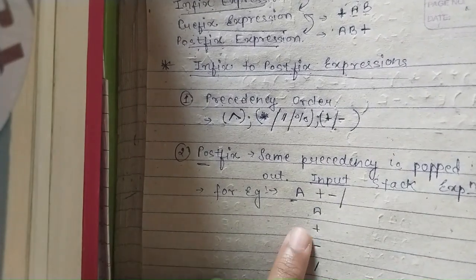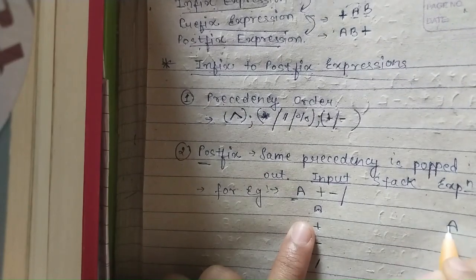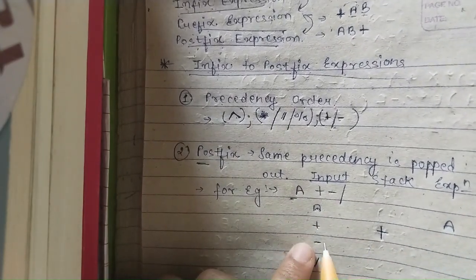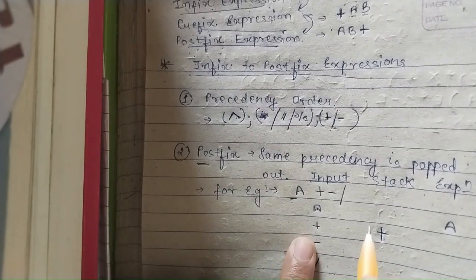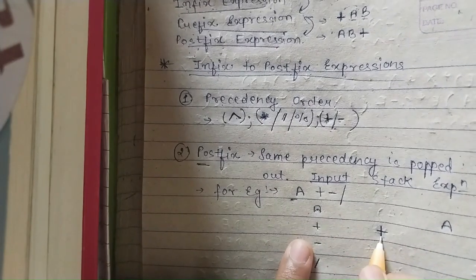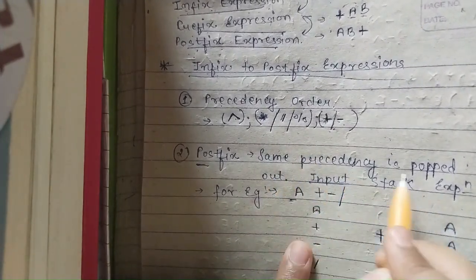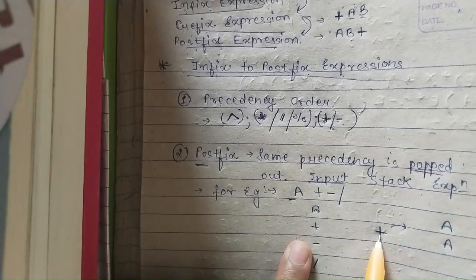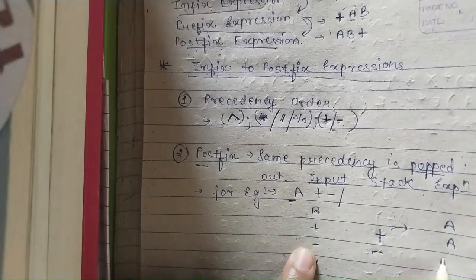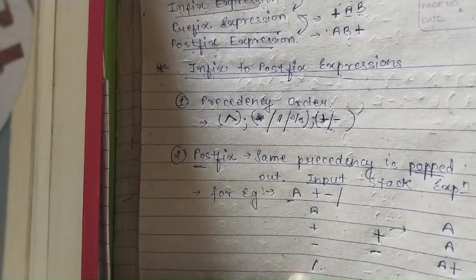A is an alphabet, so it will be popped out into the expression. Next comes your plus. After plus your minus is coming. Plus and minus both have the same precedence, right? So plus is going to get popped out, as I said before, same precedence is popped out. So only minus will be left behind, A and then plus, and then after minus we have divide.